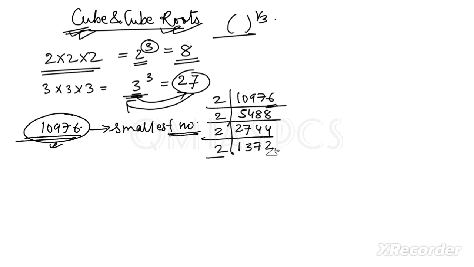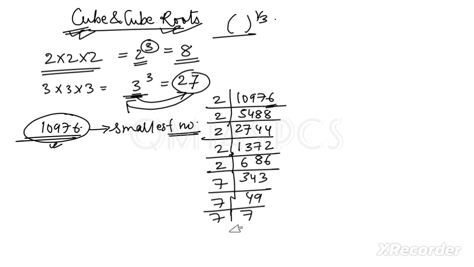Again by 2 it will be 686. By 2 it will be 343. It is not divisible by 2, then by 3 it can't be divided, by 5 it can't be divided, by 7 it will be 49. Again by 7 it is 7, by 7 it is 1.